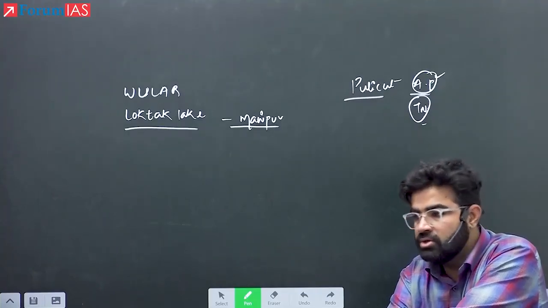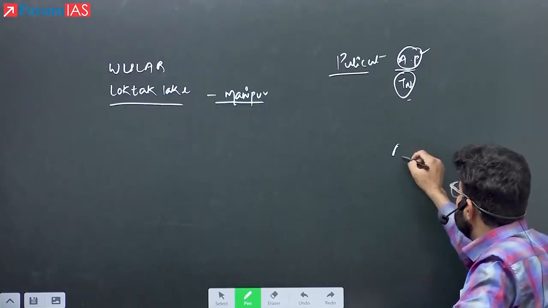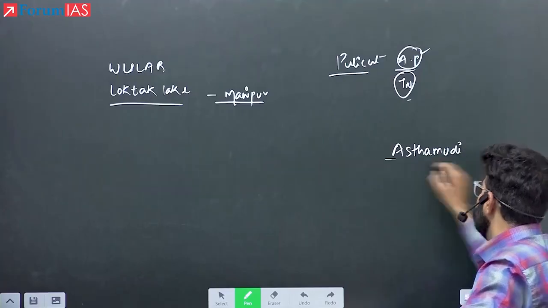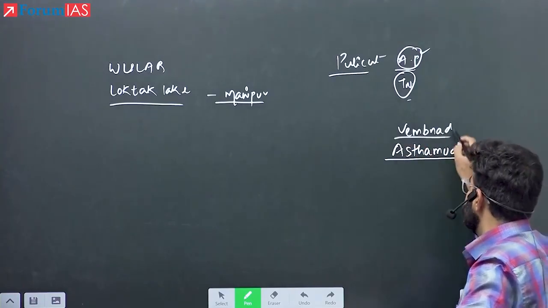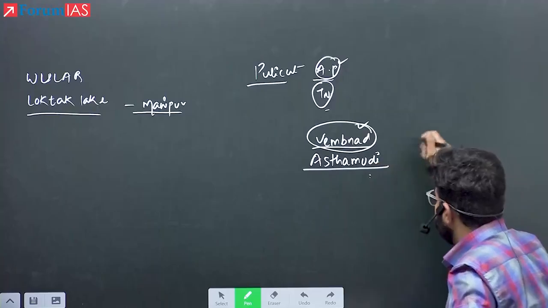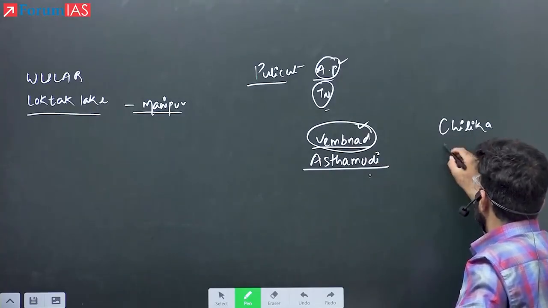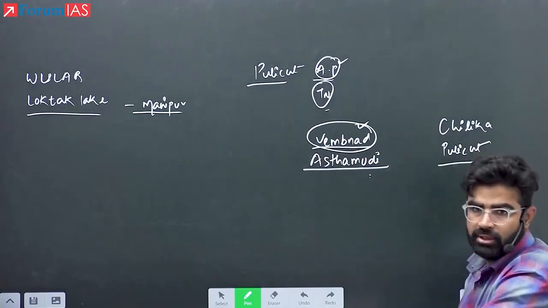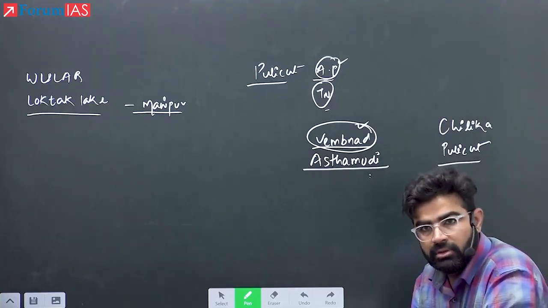It is Asthamudi. Vembanad. Both are in Kerala. The largest lagoon water body of the Kerala, Vembanad, Asthamudi. Then we have learned about Chilika. Then Pulicat. Right? All they are the example of brackish system. Means salinity is in between 5 to 35.